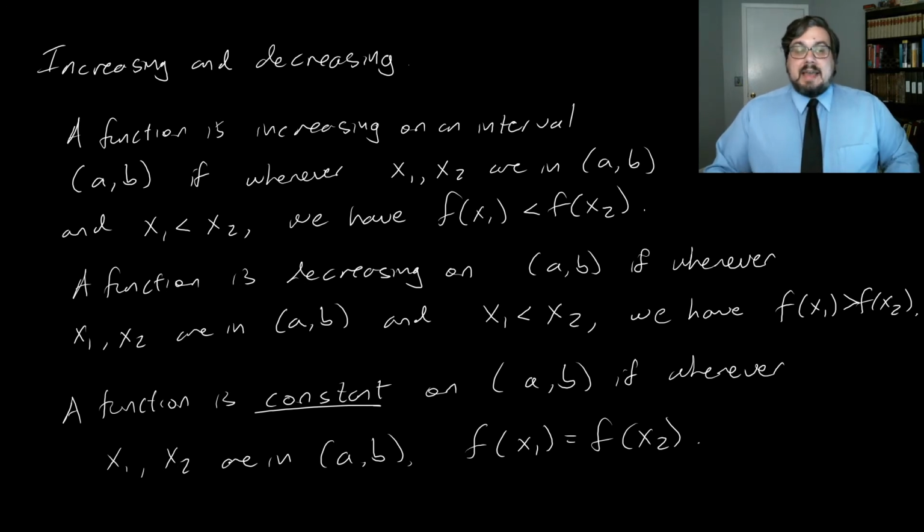So this is the technical definition of what it means to be increasing and decreasing. Let's think about what this means for a second. If we look at the graph of f, which is what we're going to be using to really study this, what this first condition, the increasing condition, is telling us is that if x1 is less than x2, that means that if we're looking at two x values on the graph, and x2 is bigger, so x2 is further to the right, then f of x1 is less than f of x2.